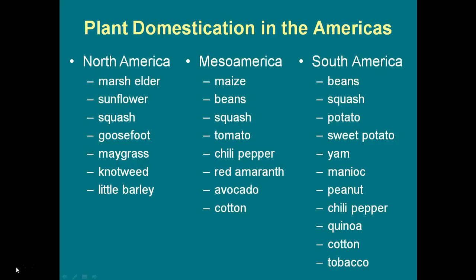And some of these were small-seeded plants that were domesticated in the eastern United States before corn was introduced from Mexico. And in the next unit, when we talk about the woodland to Mississippian transition, we'll see the key role that the introduction of corn had in the transformation of human societies of the eastern woodlands.